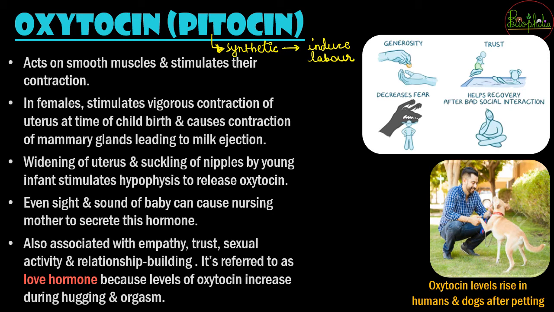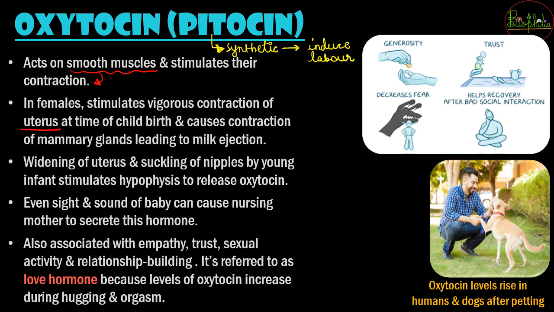So ये oxytocin जो है, naturally or in synthetic version also, what is it going to do? So this oxytocin is going to act onto smooth muscles, and these smooth muscles are going to be contracting as soon as they receive the signals from oxytocin. So in females, majorly if you are speaking about pregnant females or lactating females, then in pregnant females after the full term completion, there will be vigorous contractions of uterus.